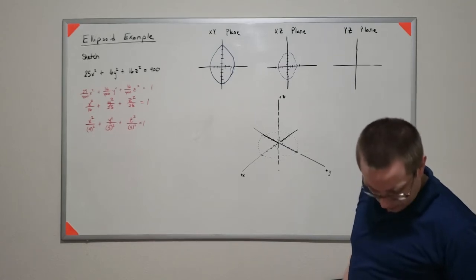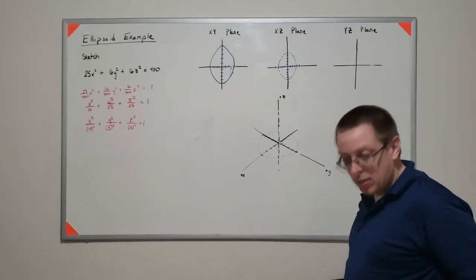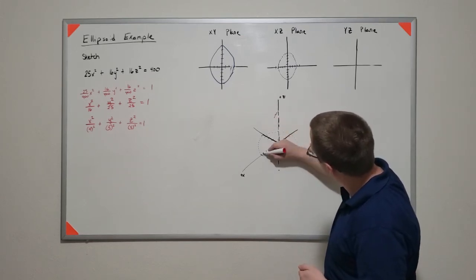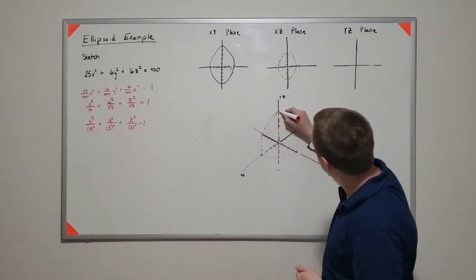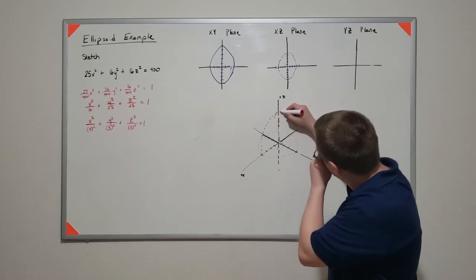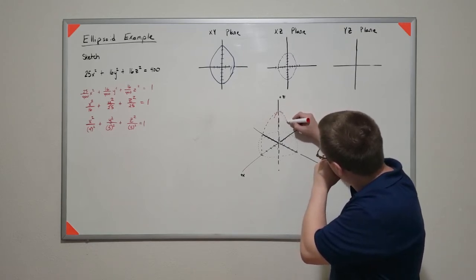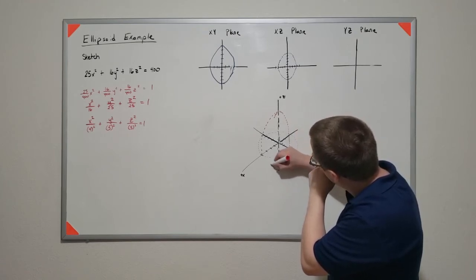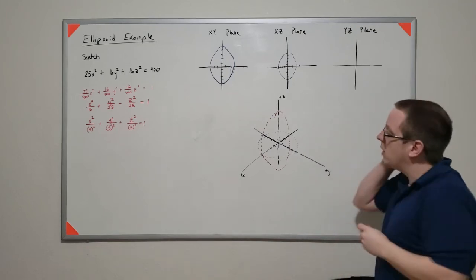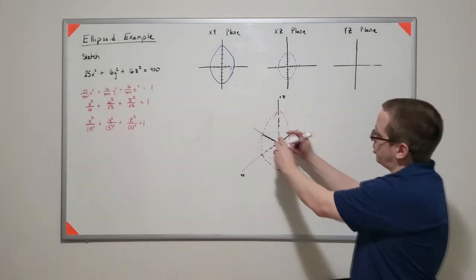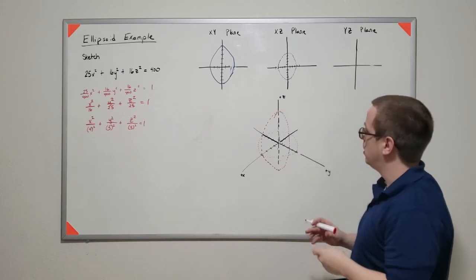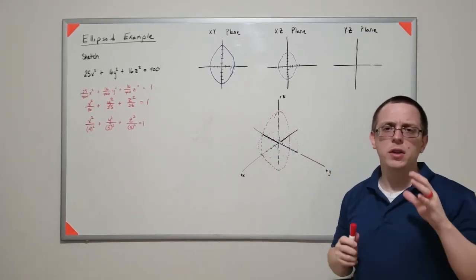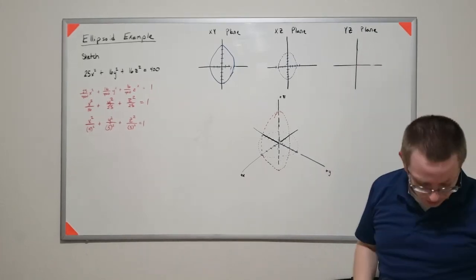And then let's just draw that in red, to try to differentiate. So now we have something that's an ellipse in this direction, and we have something that's an ellipse in that direction. So let's try to do the YZ plane.